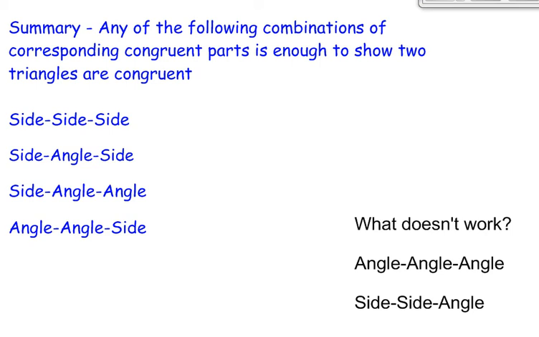All right, and here we are at the summary for 3.2 and 3.3. What have we learned? We've learned that there's 4 possible combinations here of proving that triangles are congruent, finding just 3 components. Okay? We've got the side side side theorem, which told me if all 3 sides are congruent to their corresponding parts, or the side angle side, which told me that if I have 2 sides congruent with the included angle, then the two triangles are congruent.